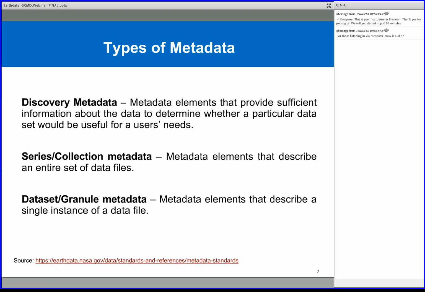Series collection metadata are elements that describe an entire set of data files, and data set granular metadata are elements that describe a single instance of a data file. I'll show more examples of the discovery and series collection level metadata in a few moments.